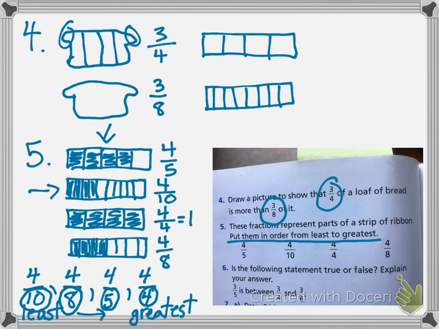But I want you to think about this with me for a minute. If something is divided into 10 sections, now 10 is the biggest denominator, but think about it. If something's chopped up into 10 sections, those sections are going to be pretty small, aren't they? And yeah, they are. If we're looking right here, those sections are pretty small. If something is only chopped up into 4 sections, well, those sections are going to be a bit bigger, aren't they?